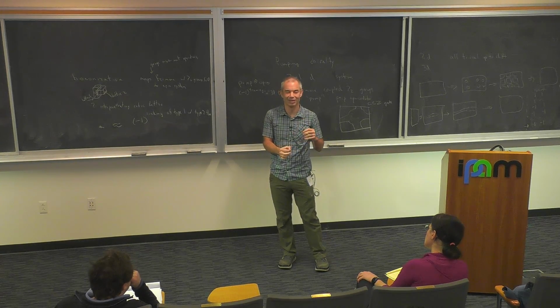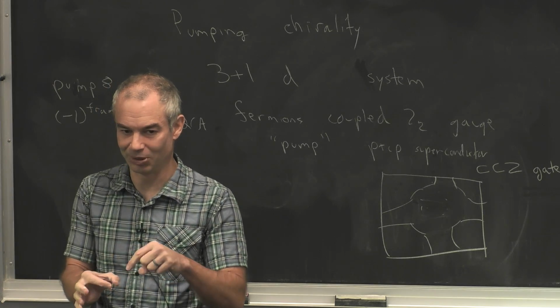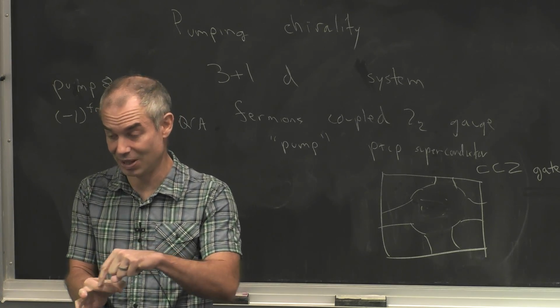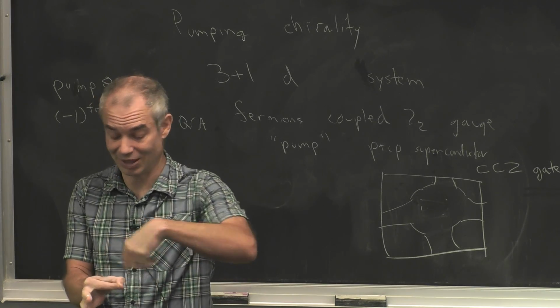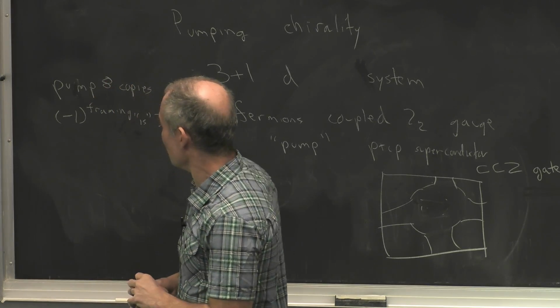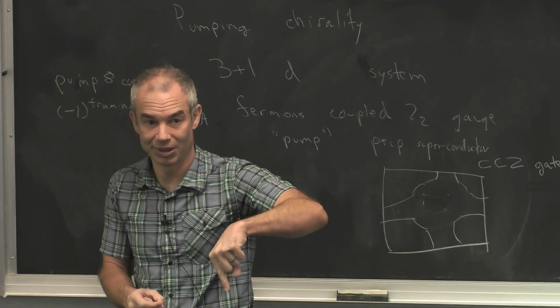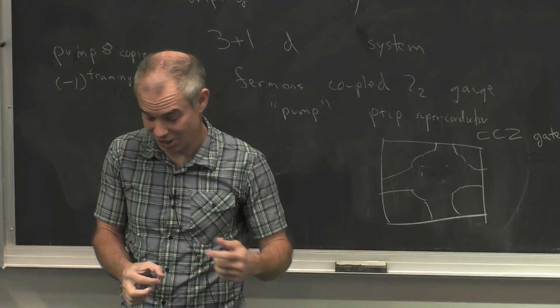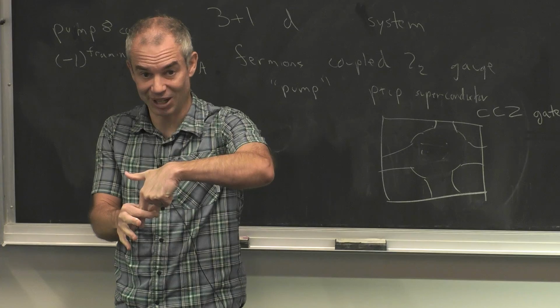Remember, the two lattices are dual to each other, but the fermions live on a dual lattice to the flux loop, so the type 1 fermions live on the same lattice as the type 2 flux loops do. And if you run the type 1 fermions around the type 2 flux loops, when you run a type 1 fermion around a loop, it picks up a phase, which is whether or not that loop links with a type 1 flux.